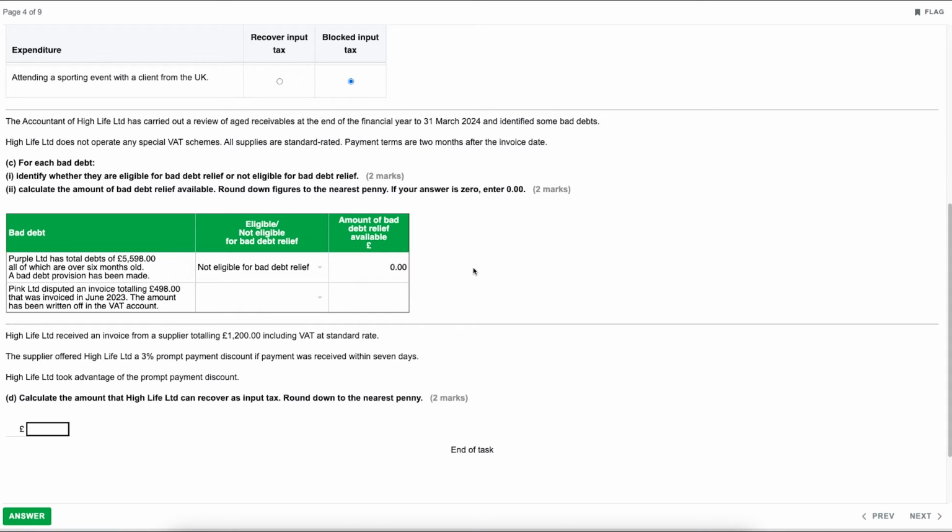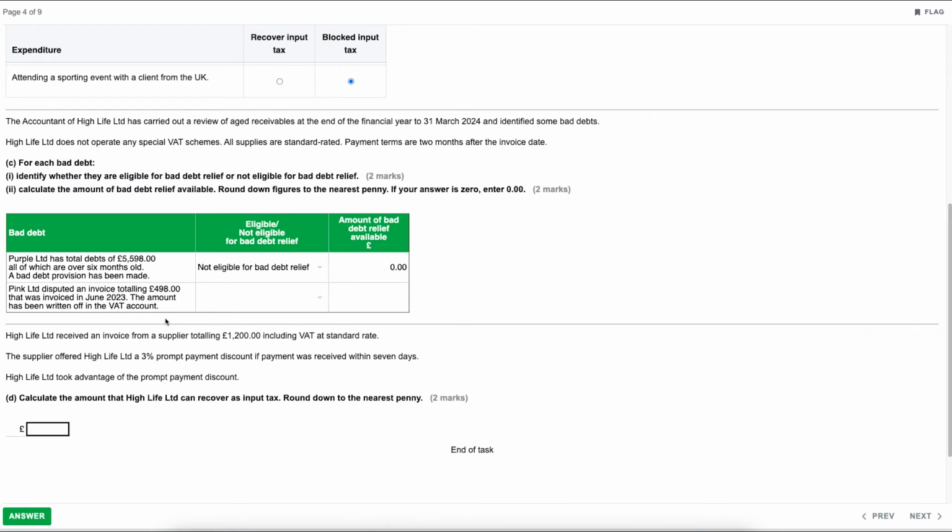Now on the next one, it states Pink Limited disputed an invoice totalling £498 that was invoiced in June 2023. The amount has been written off in the VAT account. So it's been written off, that's check number 1. We just need to make sure that it is over 6 months overdue. It's stated within the question that payment terms are 2 months after the invoice date.